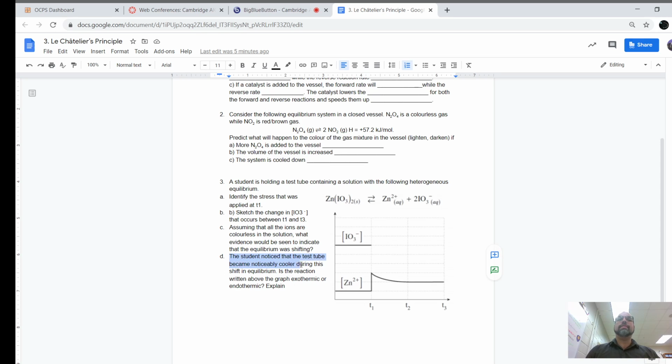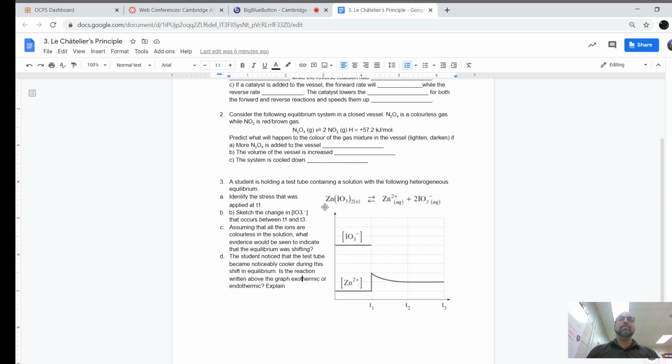Next, the student noticed that the test tube became noticeably cooler during this shift in equilibrium. Since we're shifting this to the left, that indicates that the reaction going to the left absorbs some energy. So zinc plus iodate ion is an endothermic one.